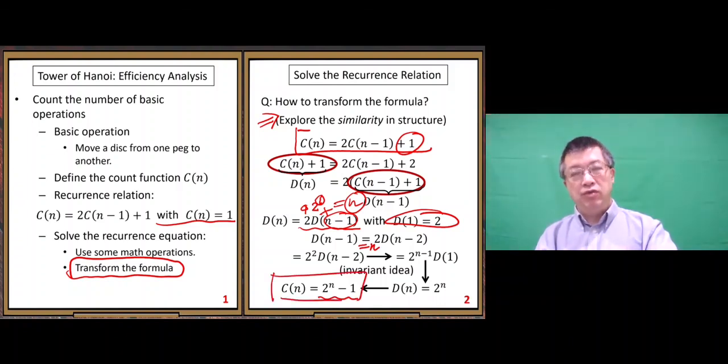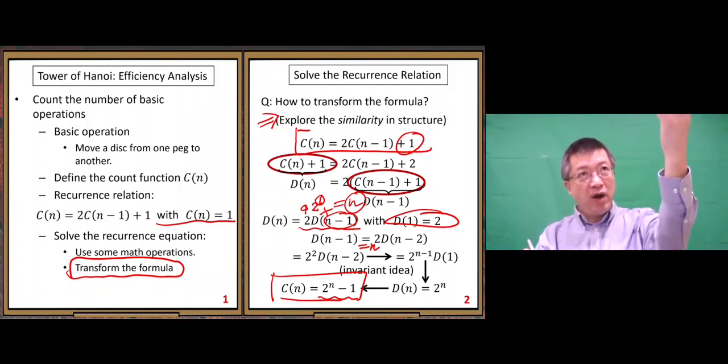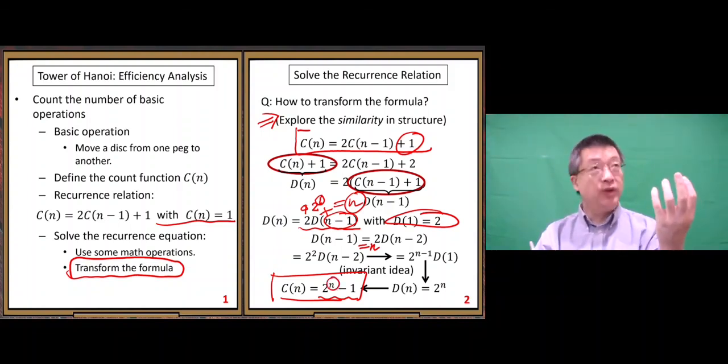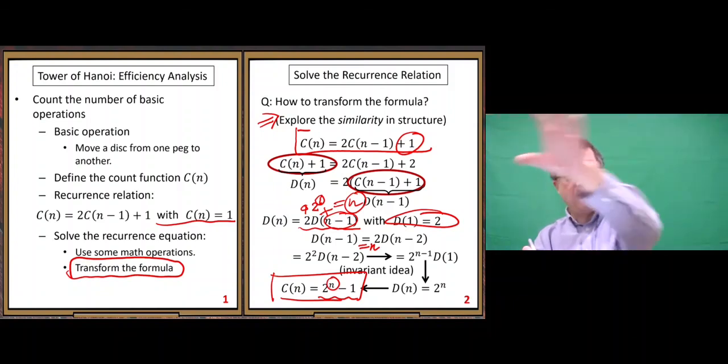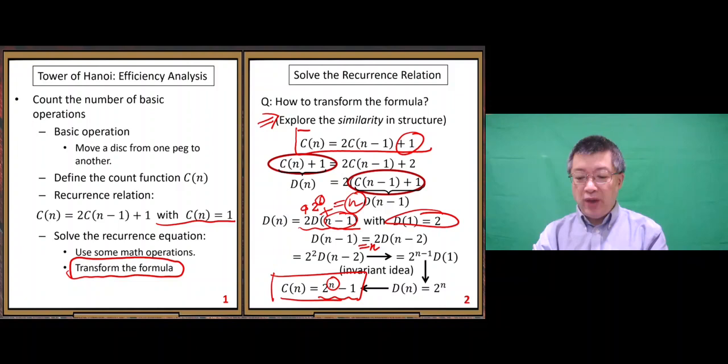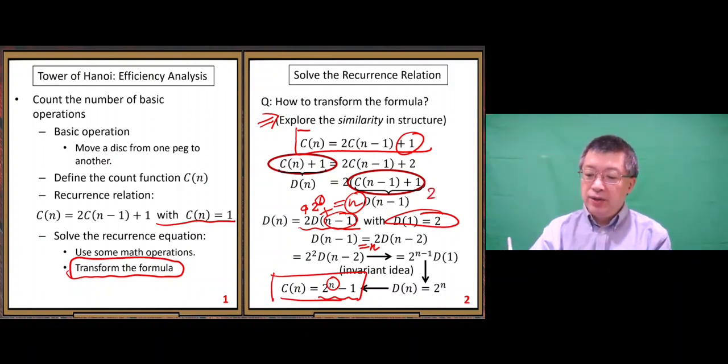This is the number of moves we need to make to solve a problem of size n. And we can verify for problem size 3 because we did that explicitly. We used 7 moves. So when n equals 3, 2 cubed minus 1 equals 7.